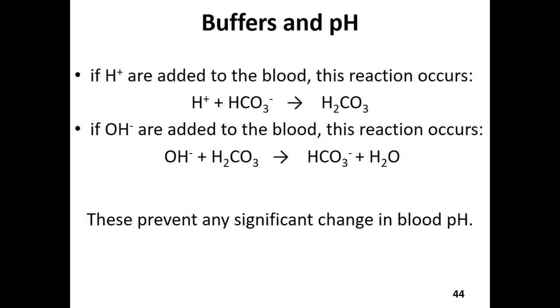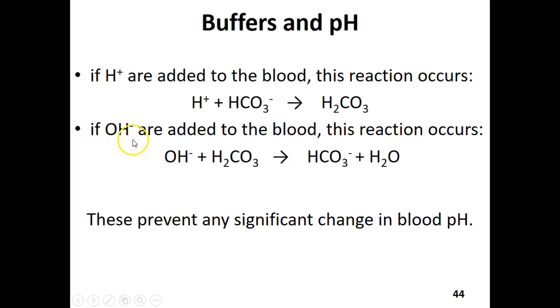This is just showing you what happens if a lot of hydrogen ions are added to the blood, so you become more acidic. We take those hydrogen ions, pick them up with the bicarbonate, which are weak bases, and produce carbonic acid, which is a much weaker acid than the hydrogen ion.